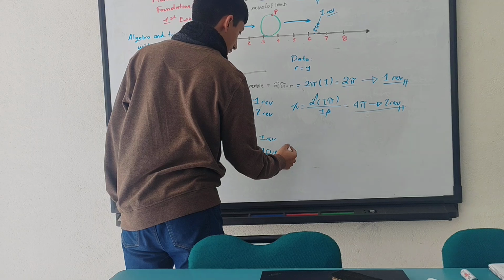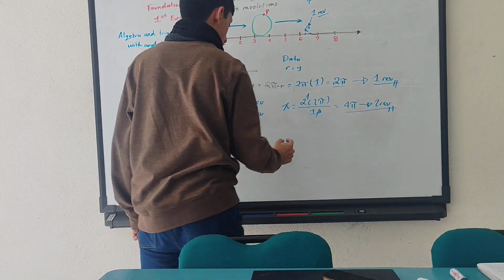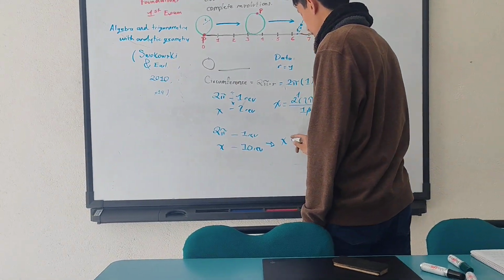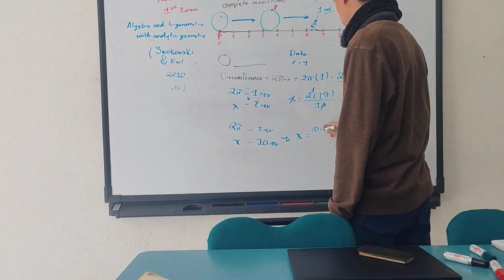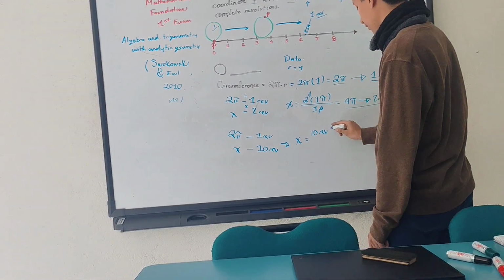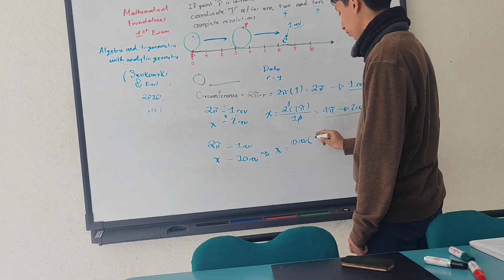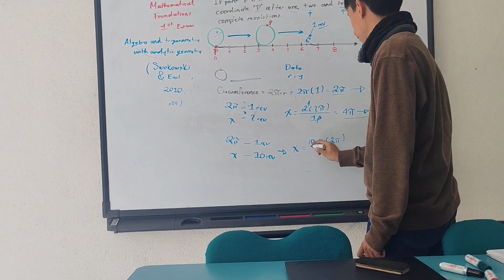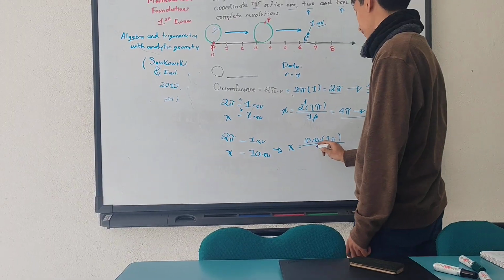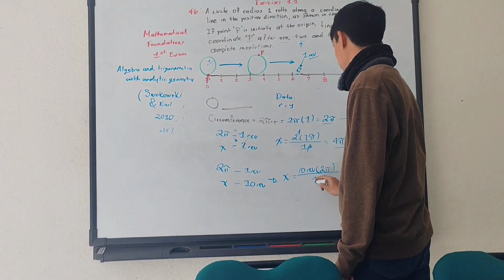So this will be x. So x will be 10 revolutions multiplied by 2 times pi over 1.